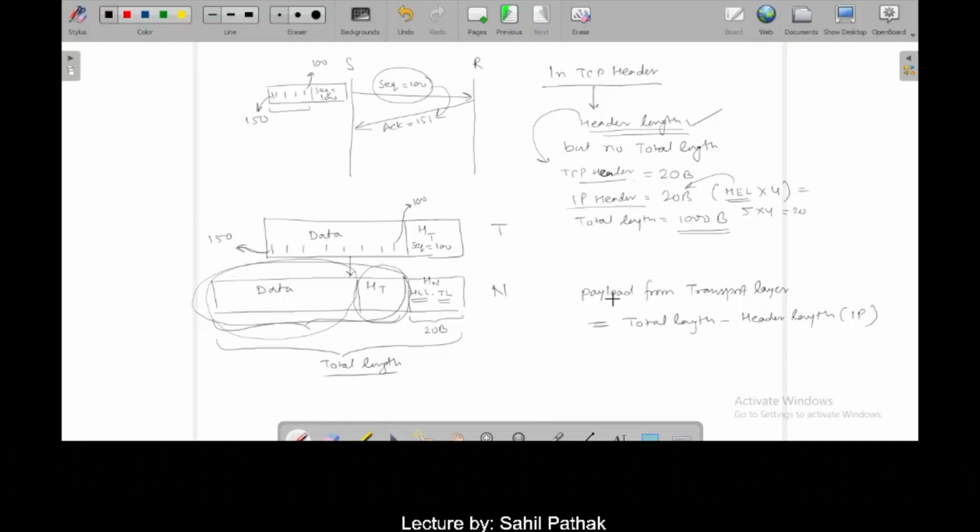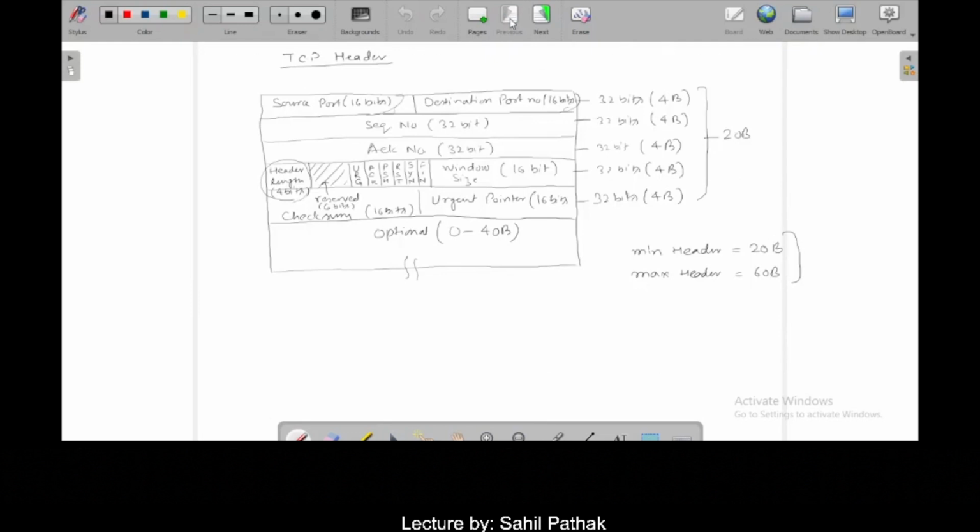Okay, so I can calculate the payload from the transport layer, and that is coming out to be 1000 minus 20, that is 980. And out of 980 I have already calculated this TCP header size. Okay, and TCP header size में भी आपका इसी तरीके से है. यहाँ पे आप देखें, this header length is again a 4-bit field. Okay, 4-bit field है ये.